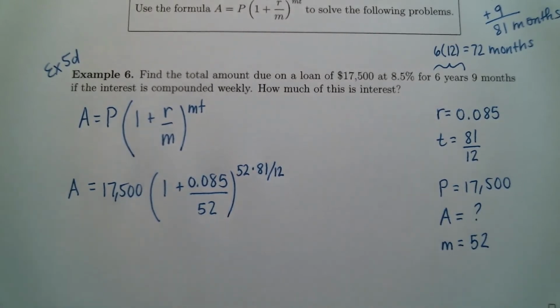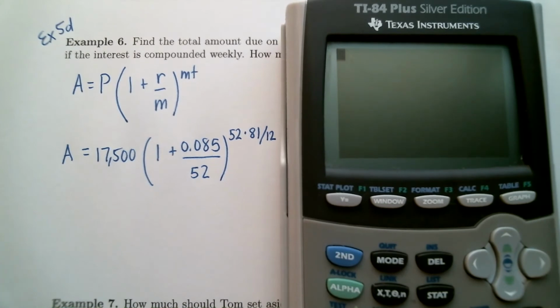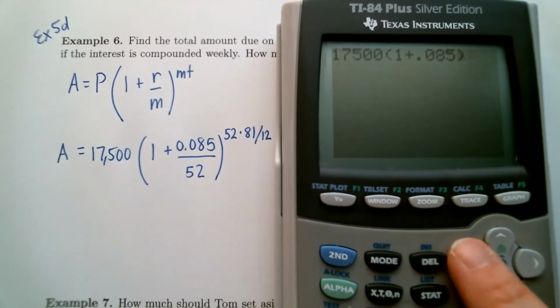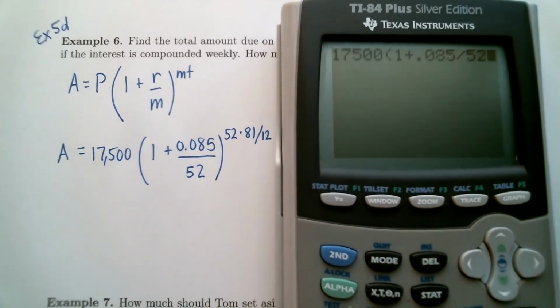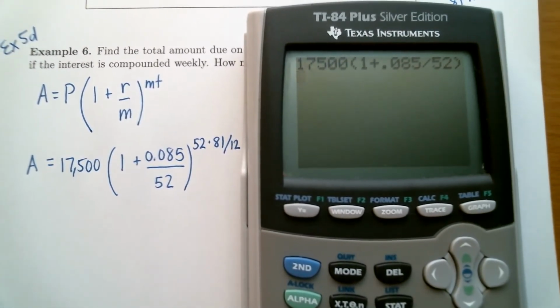Let me get my calculator. Let's plug it in just like you see it. 17,500, open parentheses, 1 plus 0.085 divided by 52, close parentheses. Now, this is our first situation where I cannot do that exponent in my head.